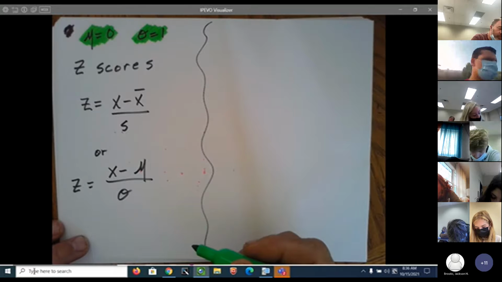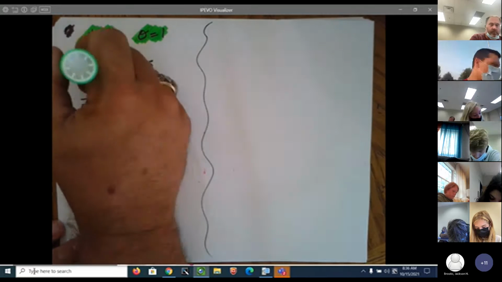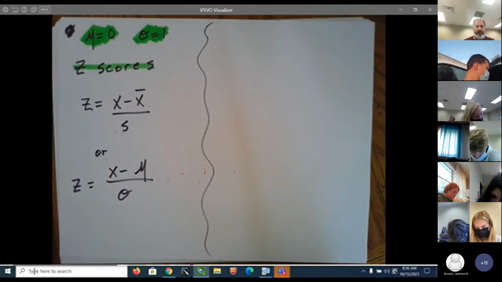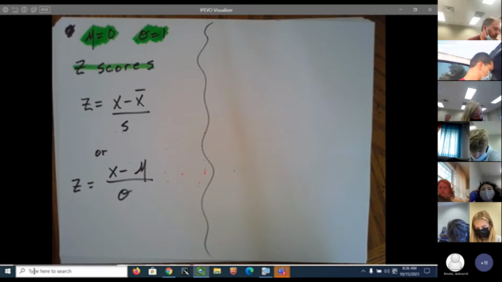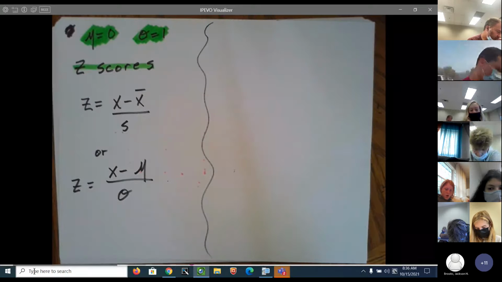If you don't have a new calculator, you've got to turn everything into a z-score. And I will show you from an old calculator perspective, because anybody can type in the new calculator, but I got to make sure that everybody, from an old calculator up, knows how to do the problem.